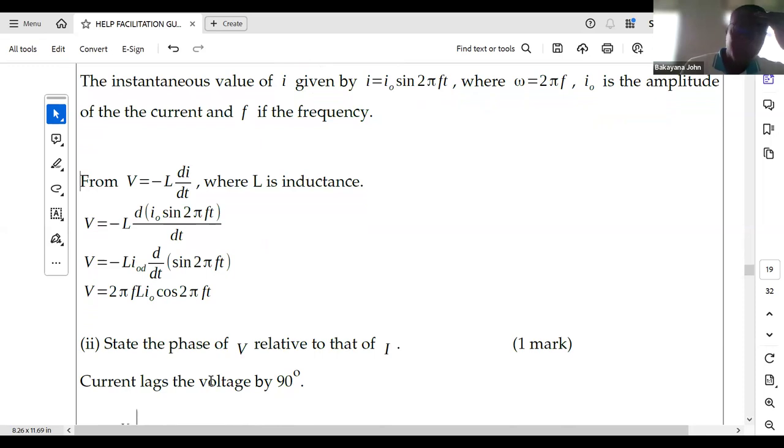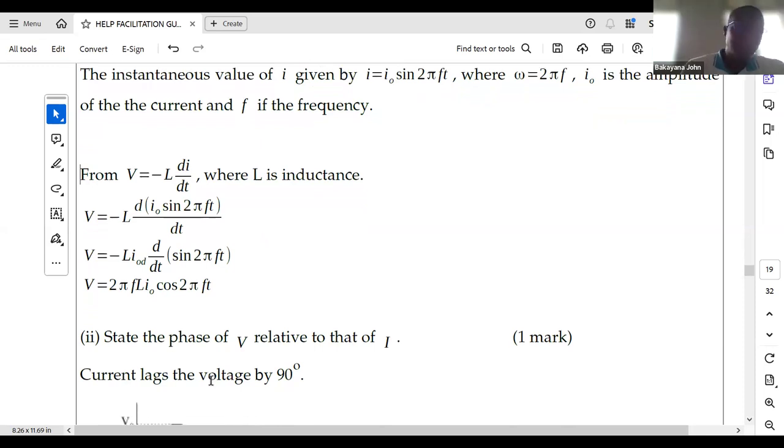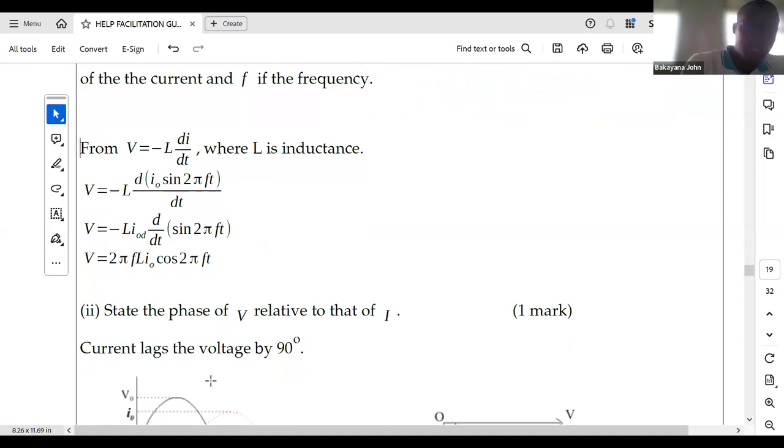That was an error. It is supposed to be I naught, then d dt. Of course, when you differentiate with respect to t, when you have sine 2 pi ft, we shall have a 2 pi f moving out. We differentiate a sine, we get a cos. So we come up with that.